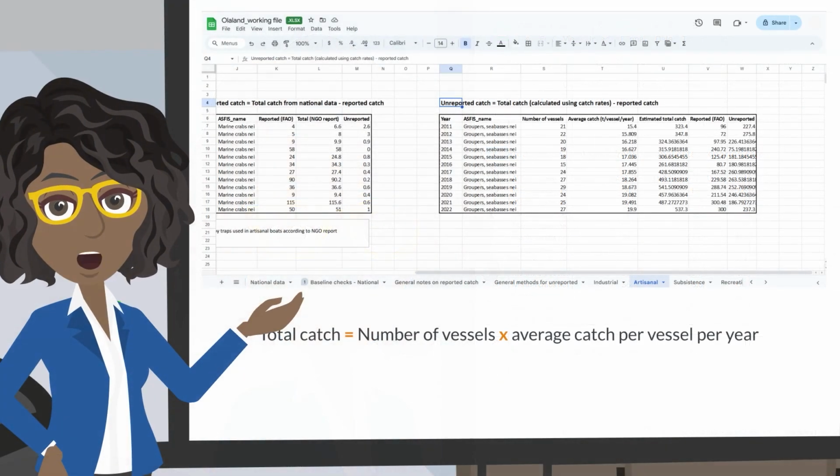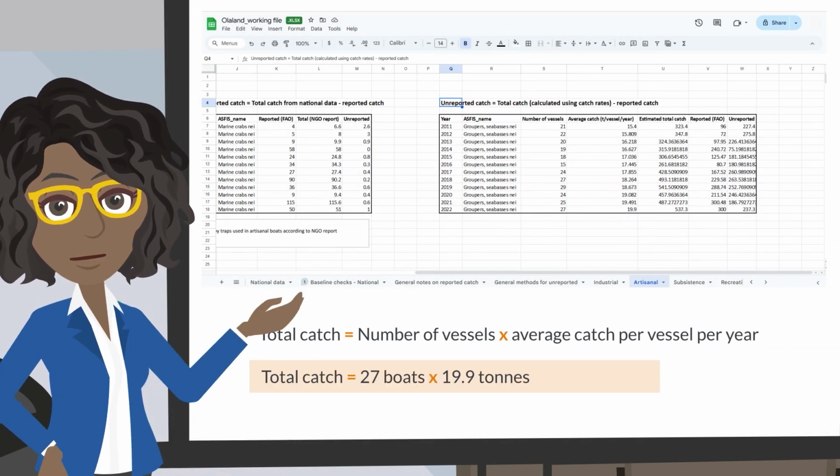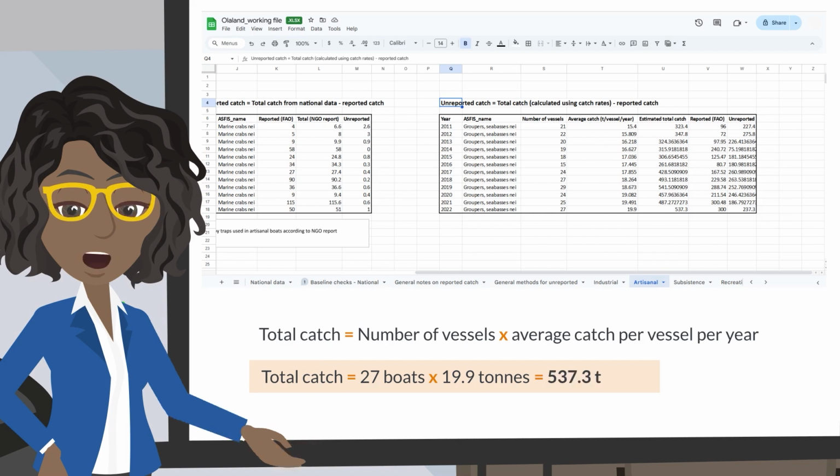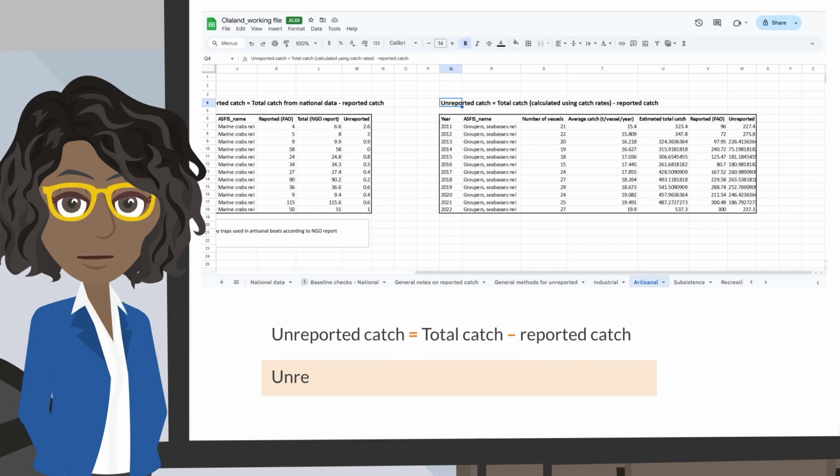For Olaland, I had 27 boats in 2022 and 19.9 tons of catch per vessel per year for a total catch of 537.3 tons. In the case of unreported catch, which is, once again, total catch minus reported catch, I subtracted the 300 tons of reported catch from the 537.3 tons of total catch, obtaining 237.3 tons of unreported catch.